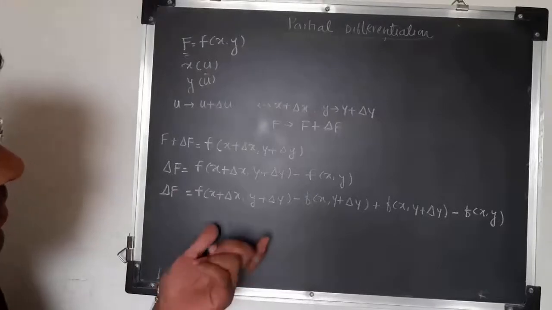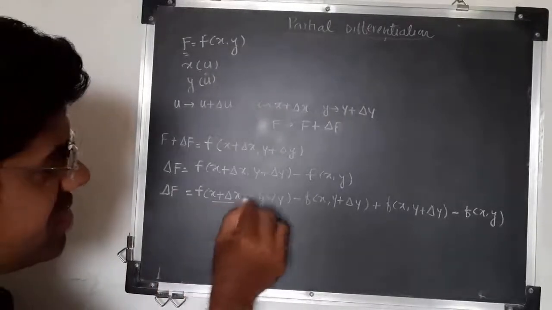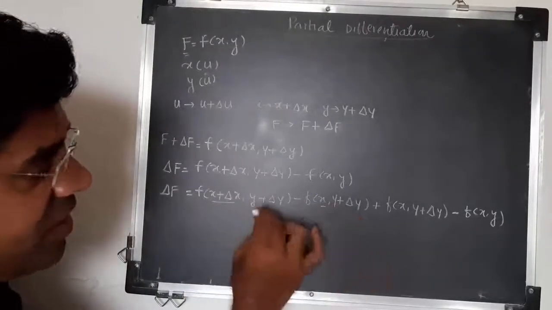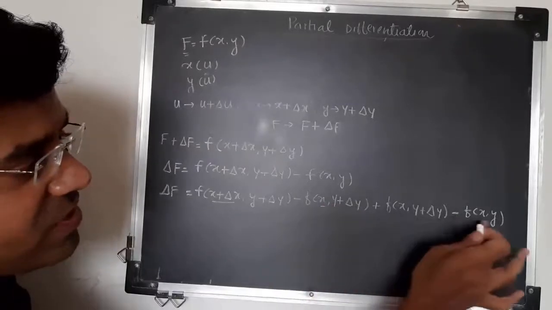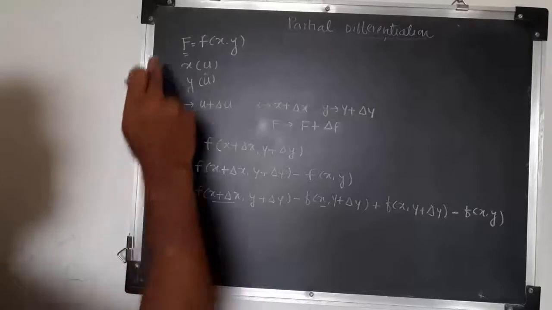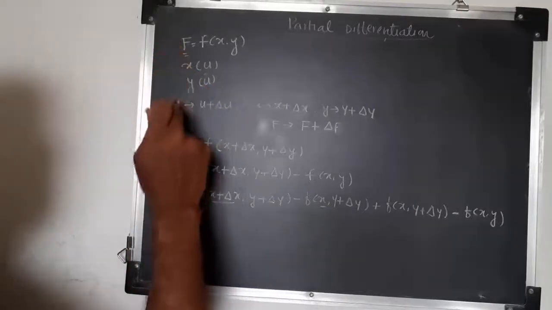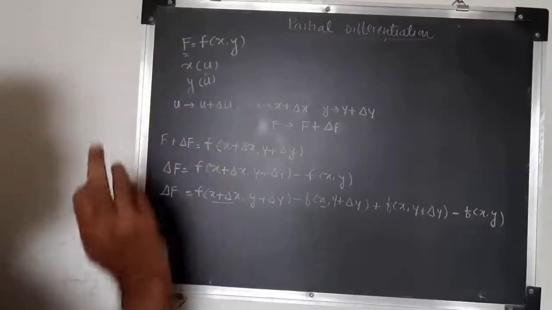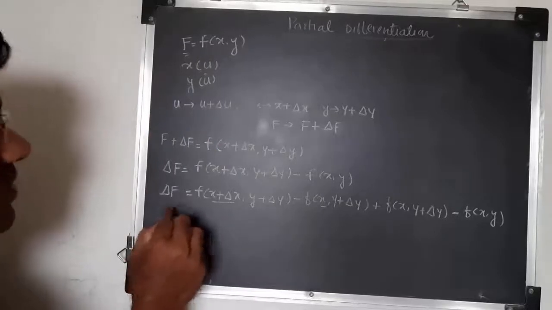So please remember, in the first difference x changes and y is constant, in the second x is constant and y changes. So my aim is what? How f changes with u. Okay, so I will divide by delta u.